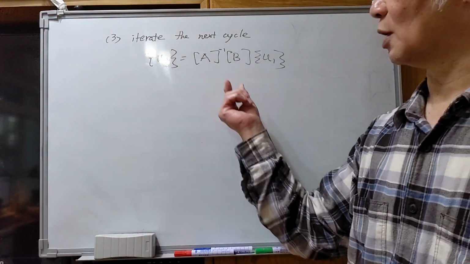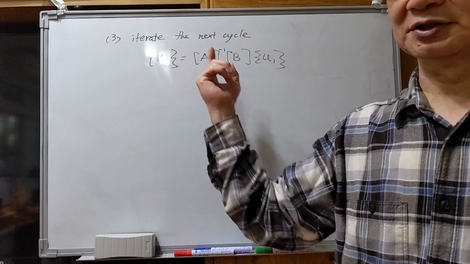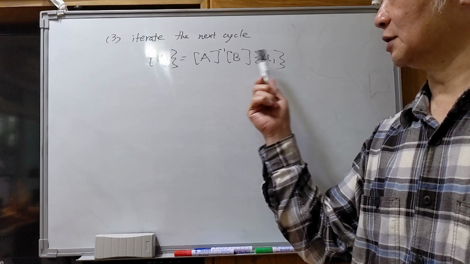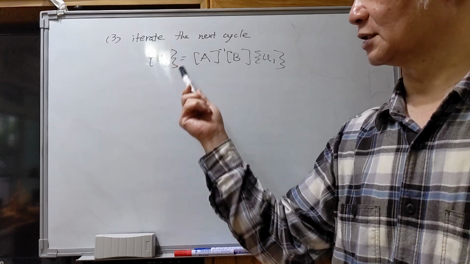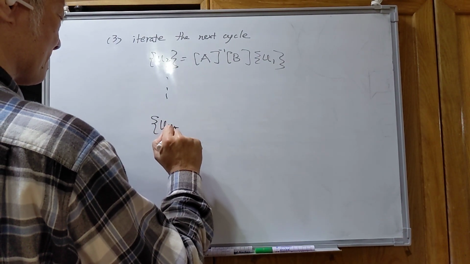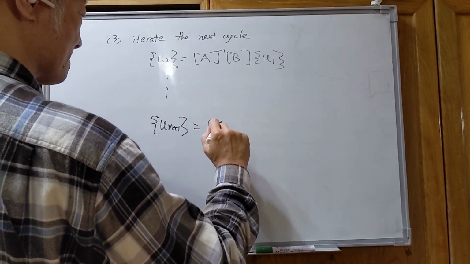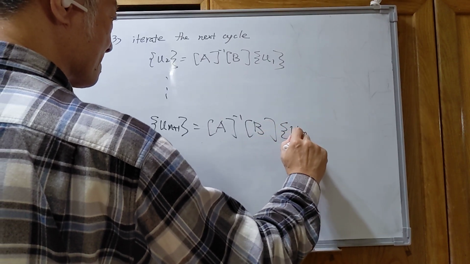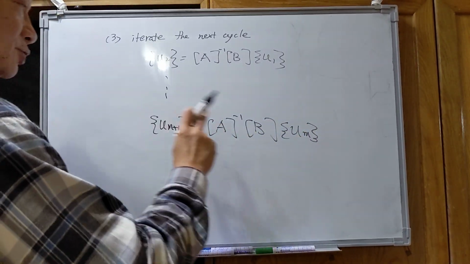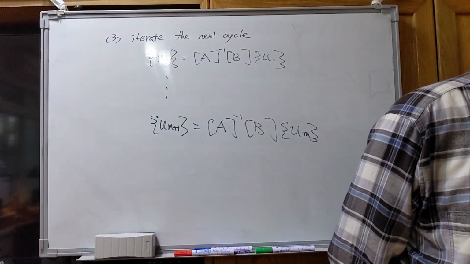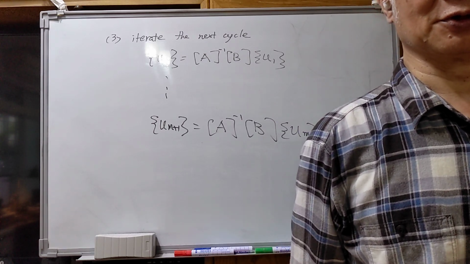After we got the U1, we just repeat the same procedure. We need to multiply the A inverse B to the U1 vector to get the U2 vector. And then we will keep on going. Okay, we will use the A inverse B times the obtained vector from the previous iterations.